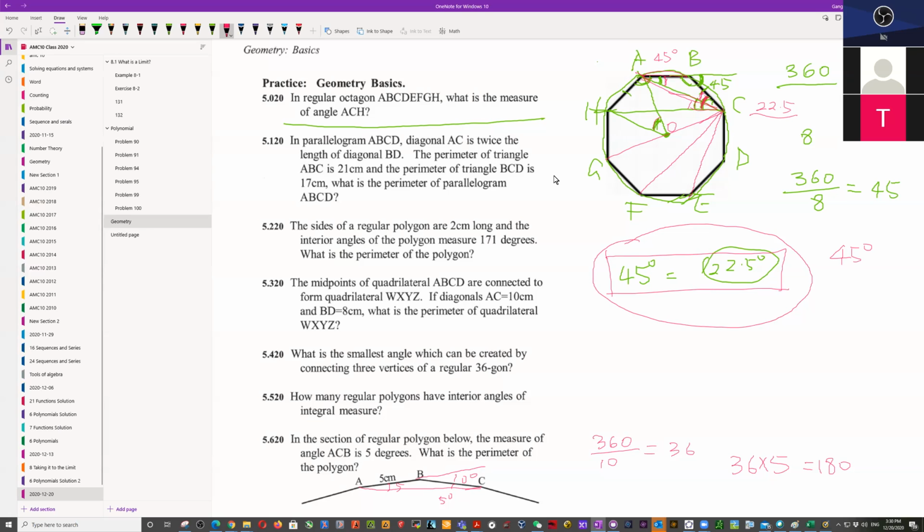Then this is also the same. ACH is 22.5. Then HCG is also 22.5, because this is the same arc with the same size here and here. And this is also the same, 22.5, 22.5, 22.5. That's why I was trying to give you more insight into how this information is related to the regular octagon.